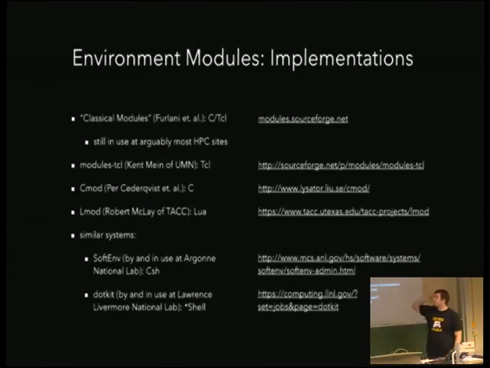Classic modules by Polanyi, as I mentioned before, is arguably still the most prevalent version that is in use at HPC sites today. Kent Mann of University of Minnesota did a rewrite of the whole thing from C in TCL, so like, let's do this whole stuff in TCL instead. There is an implementation in Ruby instead of TCL, and there's nowadays an implementation in Lua, which I think is the best one. I'll come to that later.